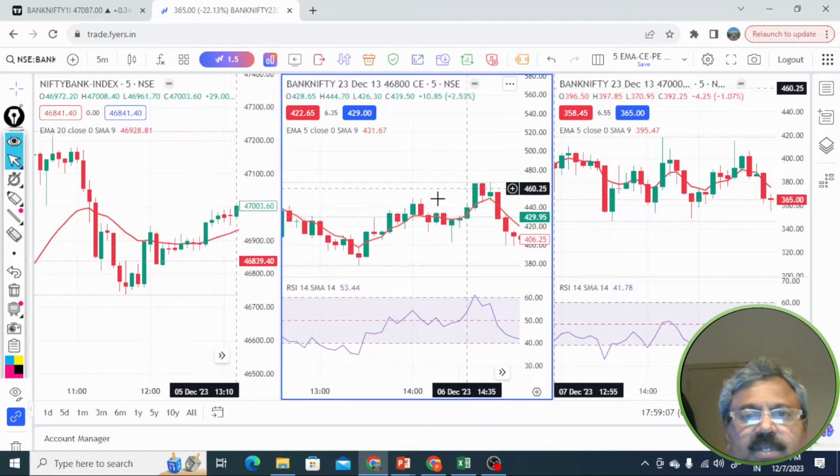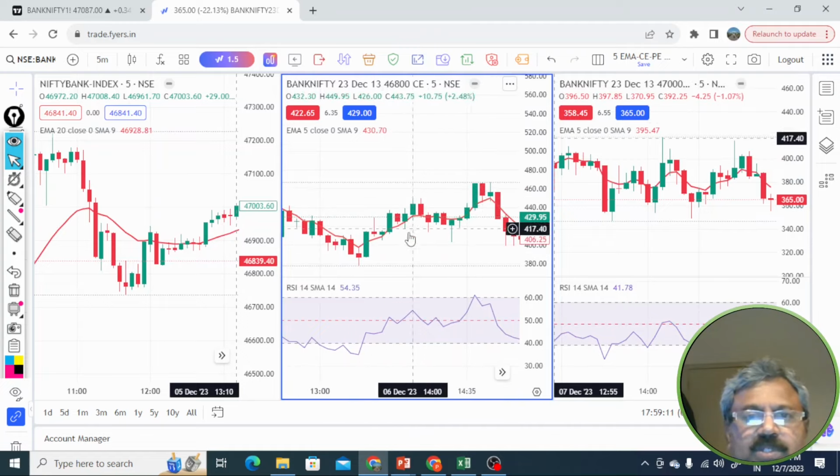See here, the target is achieved, and it has not hit the stop loss.